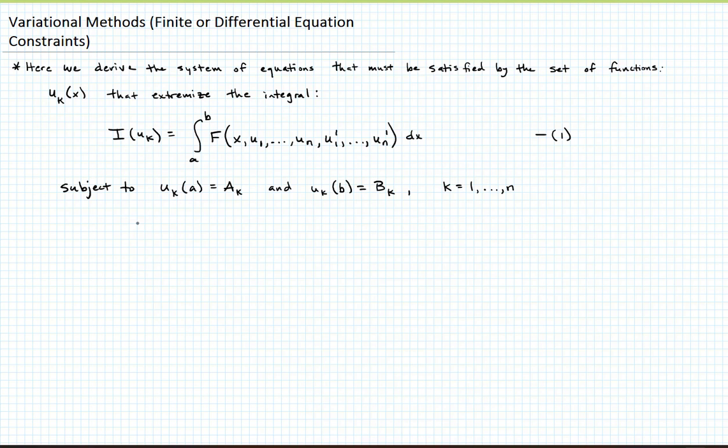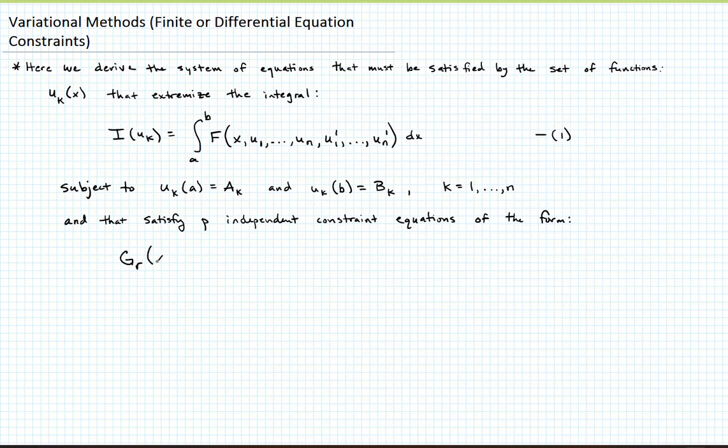So that's the functional, and we're going to require that the functional satisfy p independent constraint equations. Those equations are going to take the form, we'll say g sub r, a constraint equation, which will be functions of x, u1 up through un, and u1 prime up through un prime, equals 0.